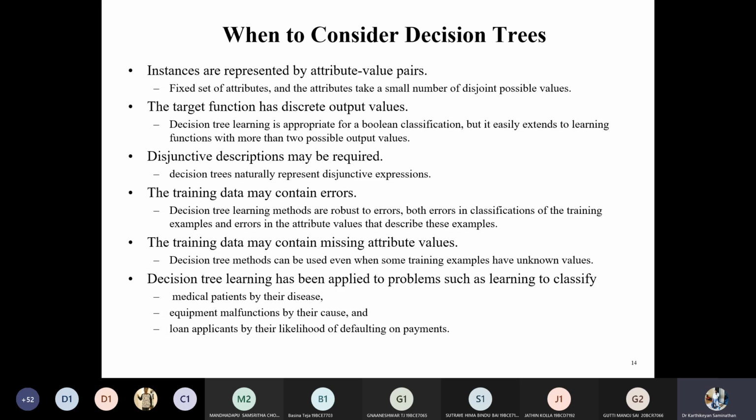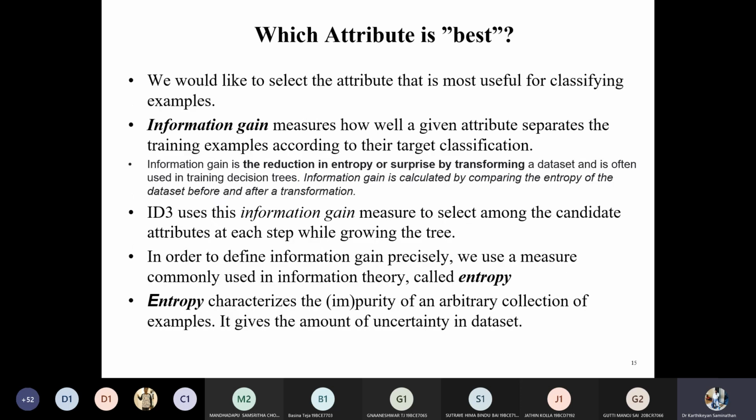Disjunctive descriptions may be required. If the training data may contain errors, then you can go for a decision tree. If the training data may contain missing attributes, then you can go for a decision tree. Decision tree learning has been applied to problems such as learning to classify. So these are the possible scenarios when we will choose the decision tree.